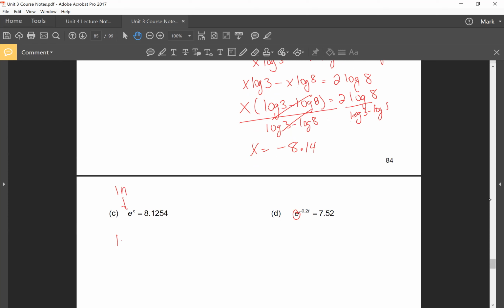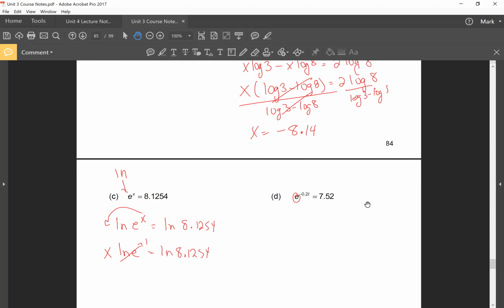So I'm going to say ln of e to the x will be ln 8.1254. I don't know why they're using so many letters. Okay, so I can move the x down front. So this becomes x ln e equals ln 8.1254. Ln e equals 1. So that's it, guys. I'm done.